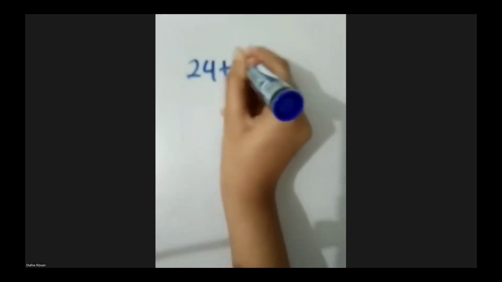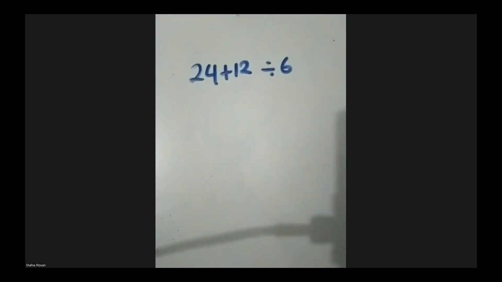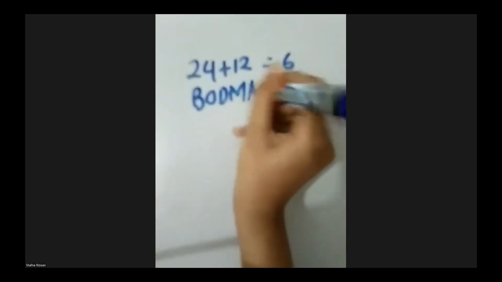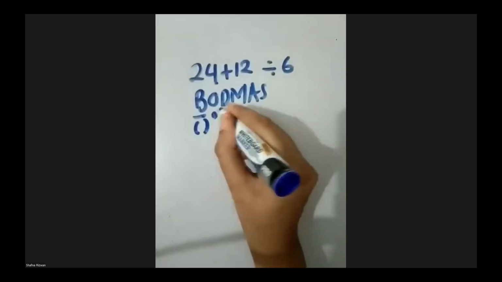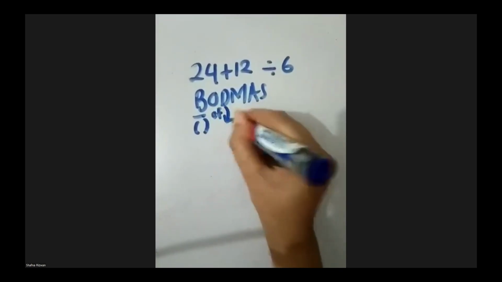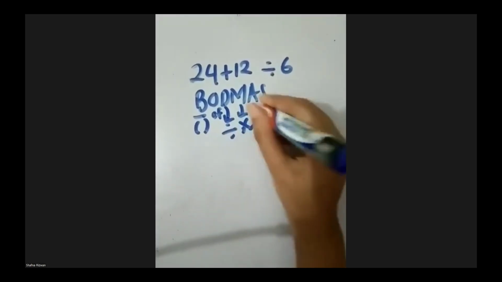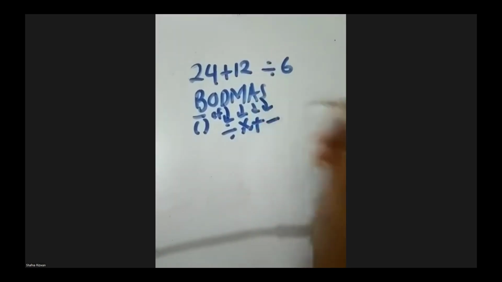To simplify this type of question, always remember that you should know something known as BODMAS. So what is BODMAS, guys? B means brackets, O means of, D means division, M means multiplication, A means addition, and S means subtraction.